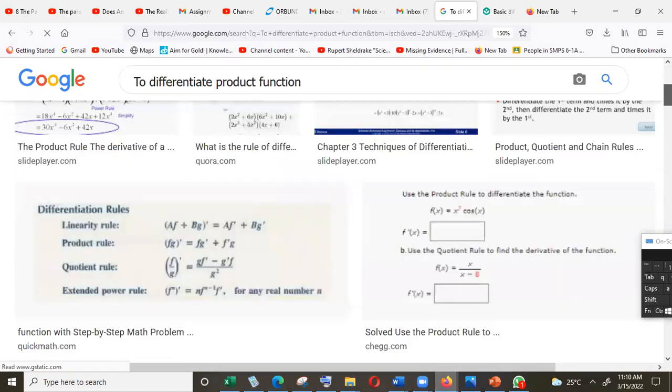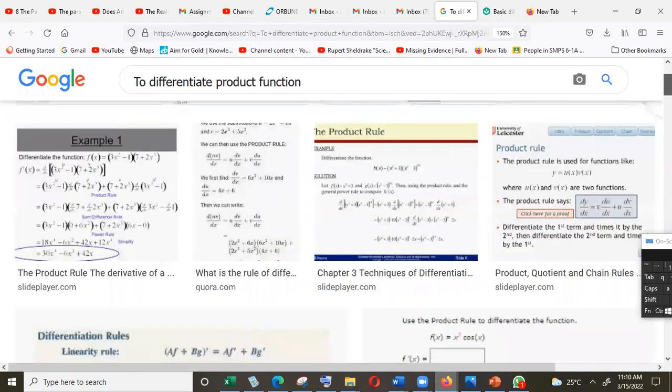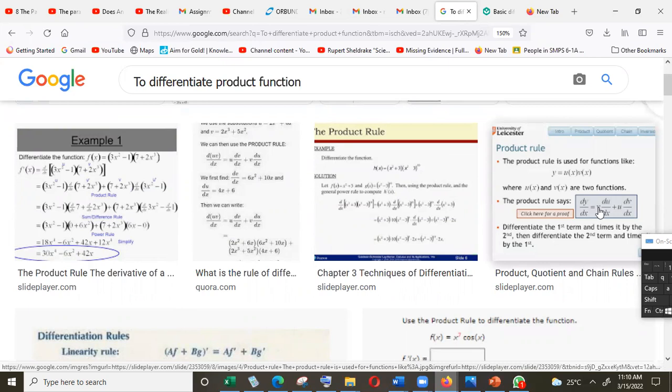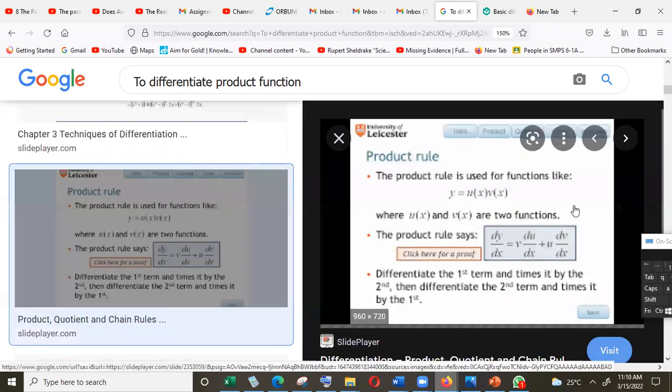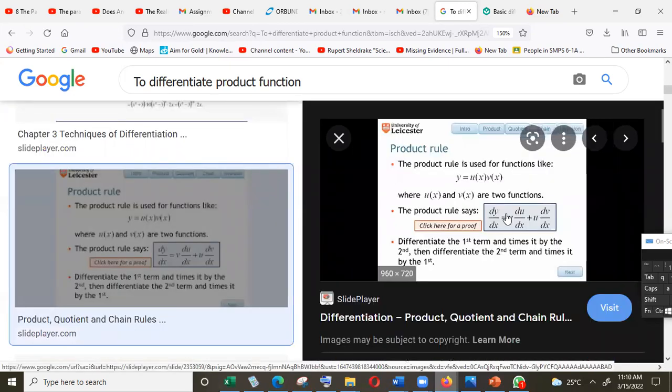Now the rules are different for a product function. You have what you call the product rule. Here you have an example of the product rule. We talked about the product rule already.